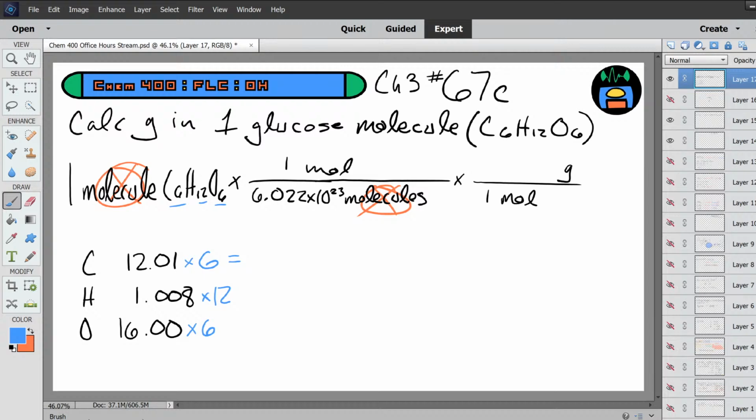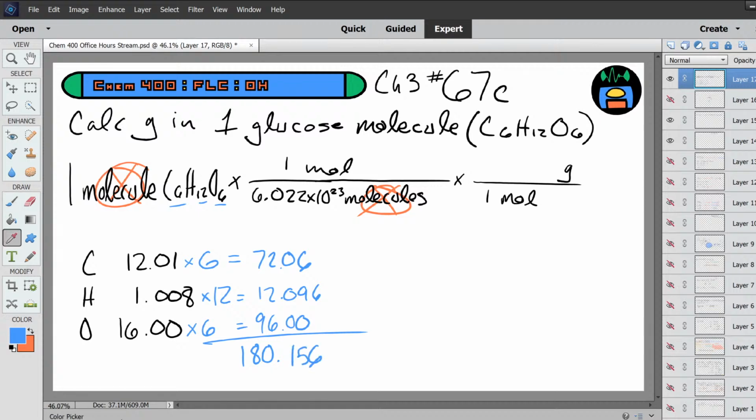So crunching some numbers here. This is 72.06. 1.008 times 12 is 12.096. And then 16 times 6 is 96.00. Adding these all together now, plus 72.06, gives us a molecular weight of 180.156.